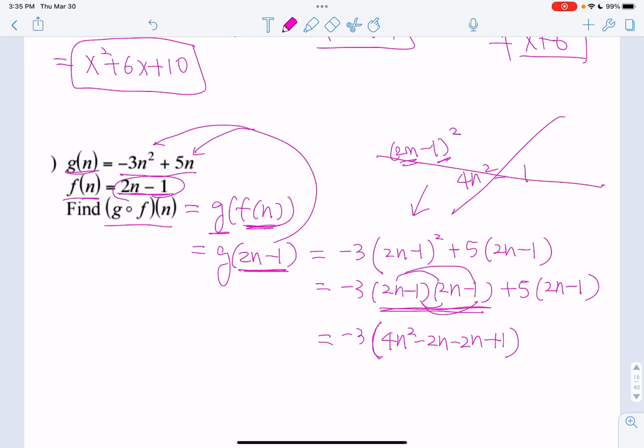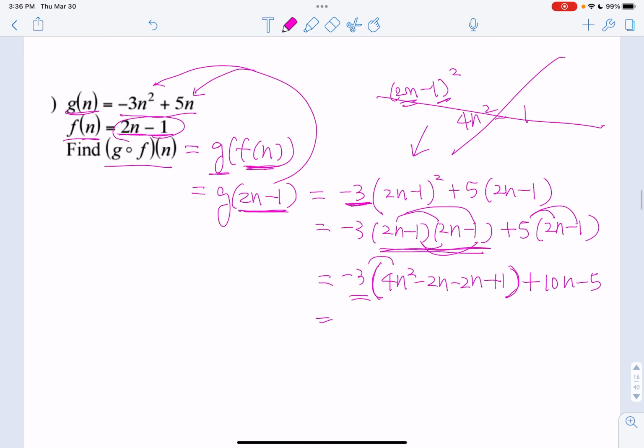Remember, keep it in parentheses so you can distribute the negative 3. Negative 3, you need to multiply to the whole thing. And this one you can just distribute, which is 10n minus 5. And if I distribute this one, you can combine first, but I will just distribute first.